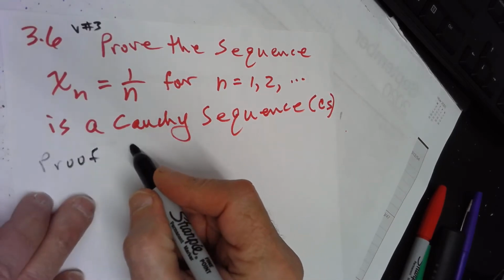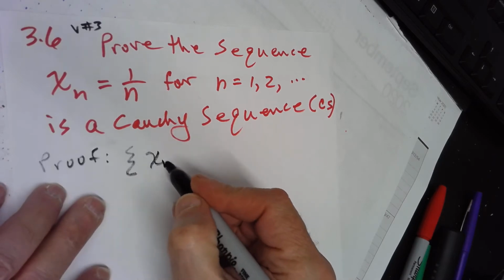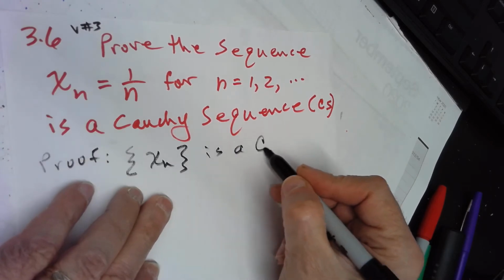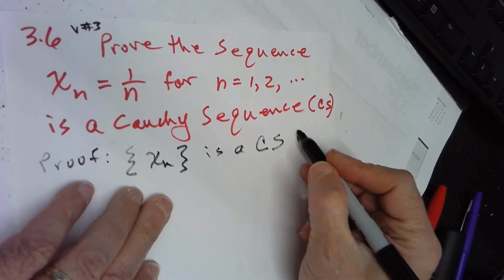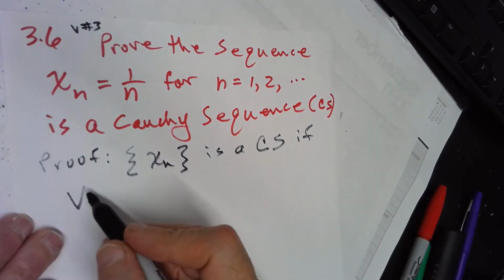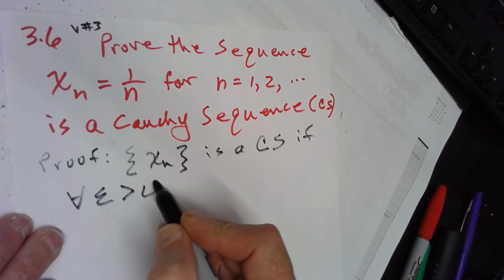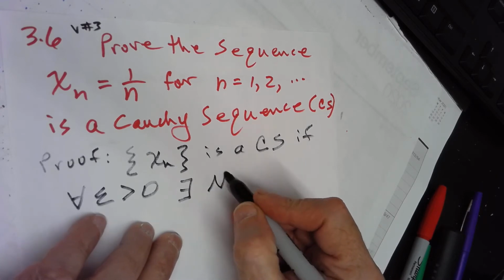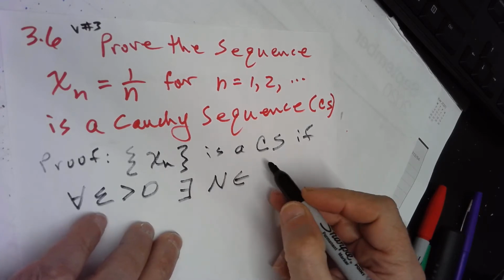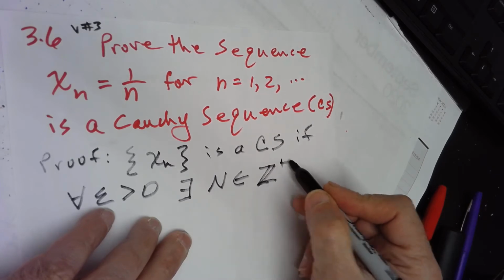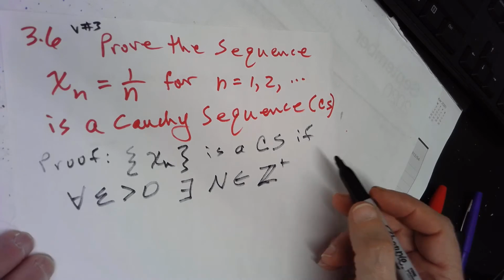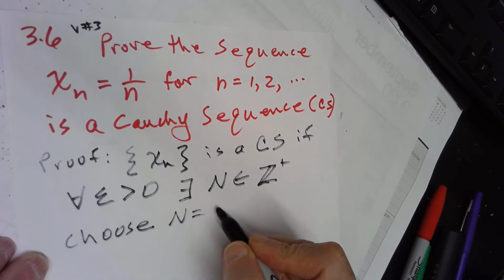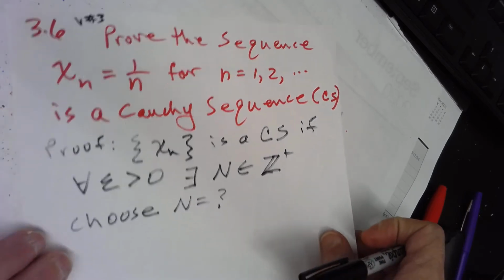Okay, so our proof is we have the sequence x sub n is a Cauchy sequence if for all epsilon greater than 0 there exists an N that is a positive integer, but we have to find N. Normally we would choose an N, but we don't know what that N is.